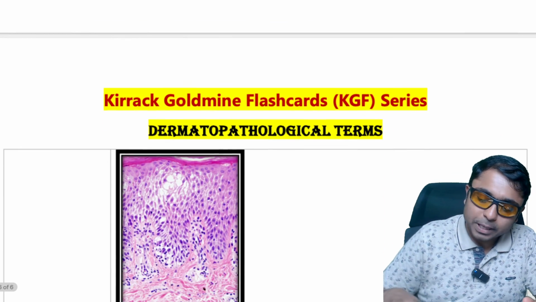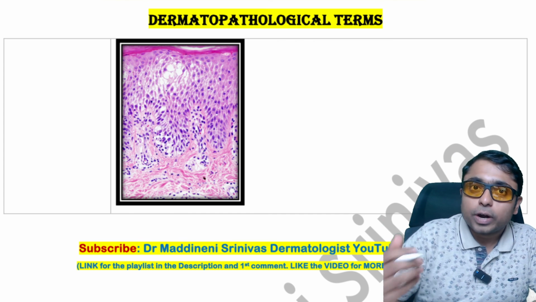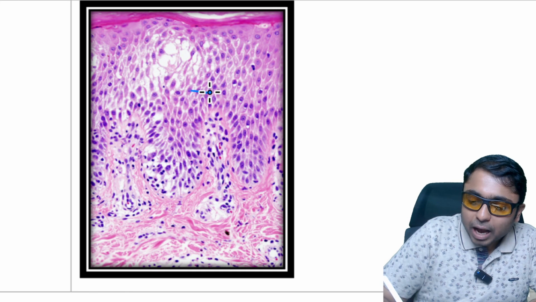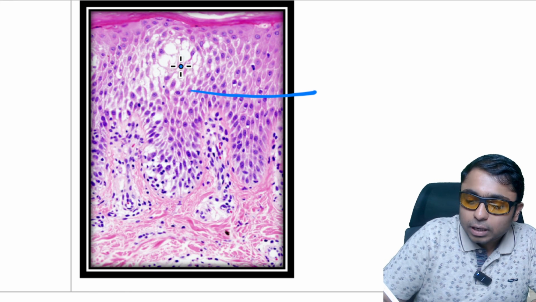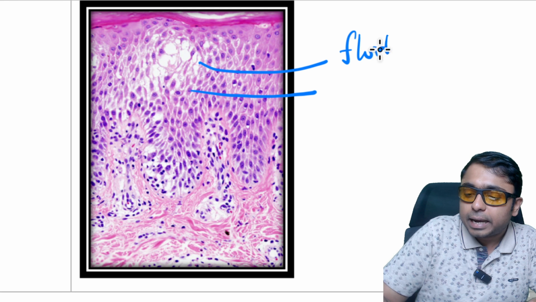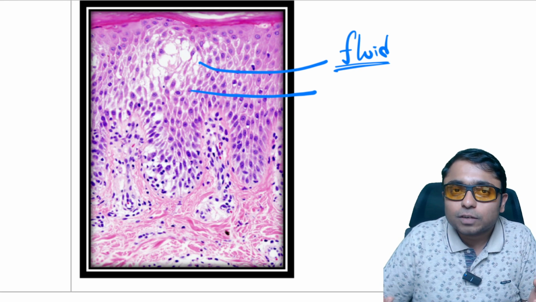If you do a histopathology in the biopsy, obviously the same changes are reflected. As you can see here, these are the keratinocytes, and what are these white spaces? They are the edematous fluid which is collected, which is not staining, because of which it appears white in color.